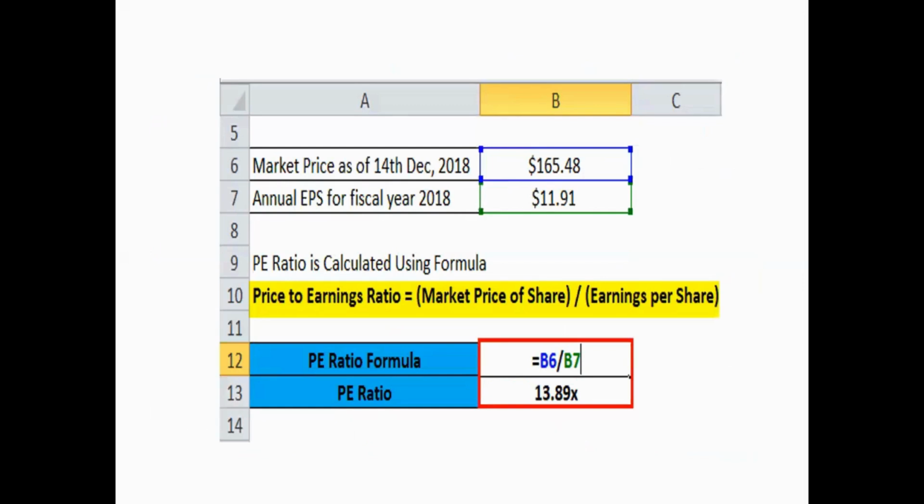Market price as of 14 December 2018 is $165.48, and the annual EPS for the financial year is 11.91. So PE ratio is 13.89.